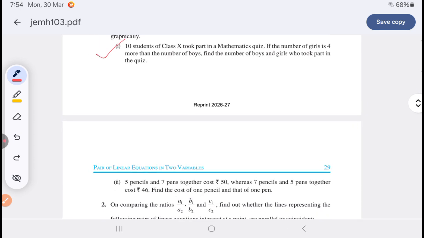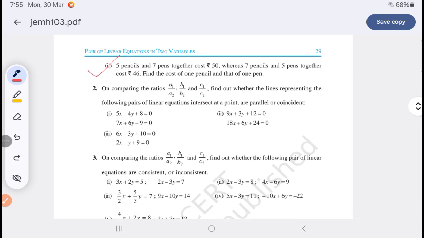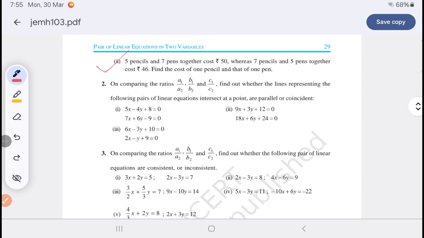Okay? And graphically you represent on this, and as discussed, compare the ratios a1 by a2, b1 by b2. Then you can say whether the linear equations are parallel or coincident.